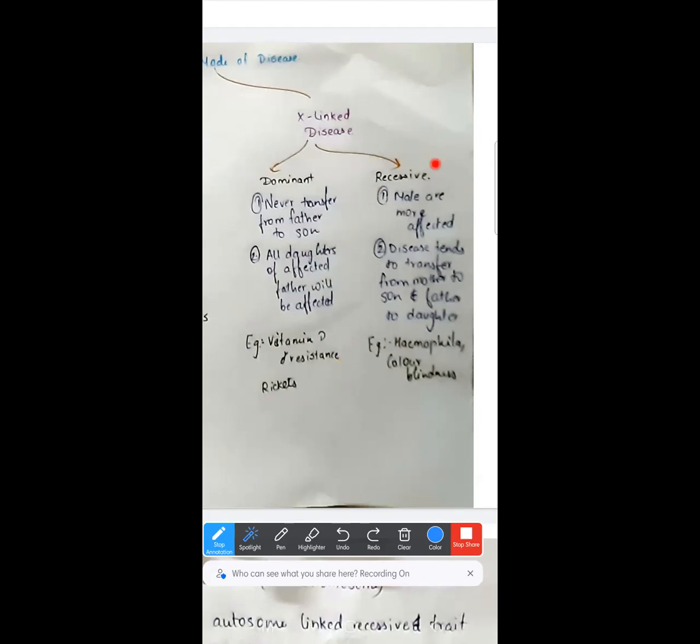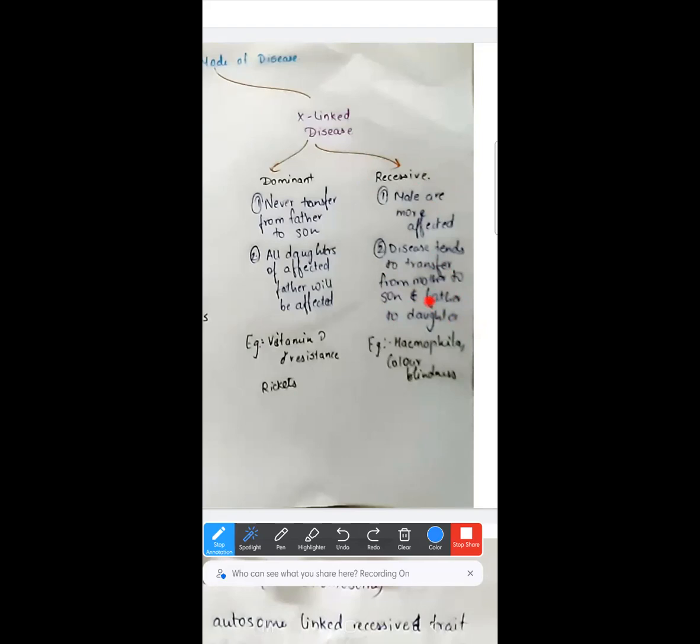Now, in case of recessive, males are more affected. Disease tends to transfer from mother to son and father to daughter. That is, if the mother has a recessive X-linked disorder, that disorder can be transmitted to or inherited by the son.